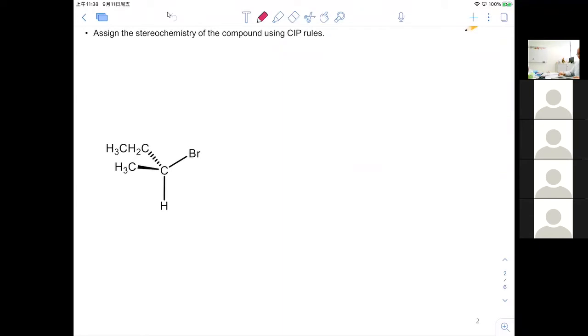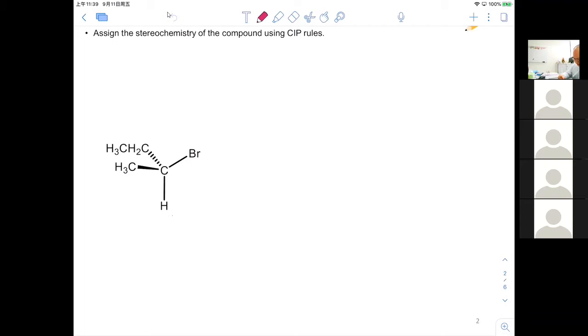So what do we have here? We have a carbon substituted by an H, bromide, an acyl group, and a methyl group, right? If we compare the atomic number first, which is the lowest? Definitely the H, because its atomic number is 1.